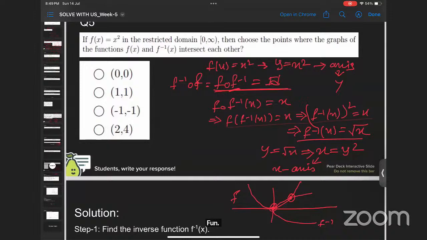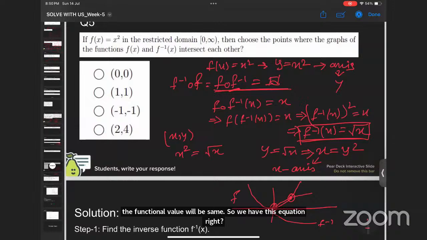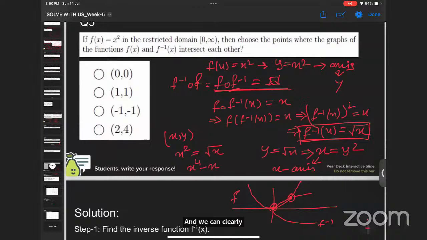And you already know that for two functions, if (x, y) is the point of intersection, then it will satisfy both functions, right? That means at that point, both functional values will be the same. So we have this equation, and we can clearly calculate it. If we square, then it will be x to the power 4 minus x equals 0, right?